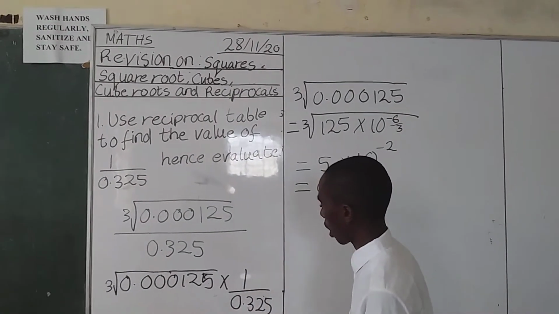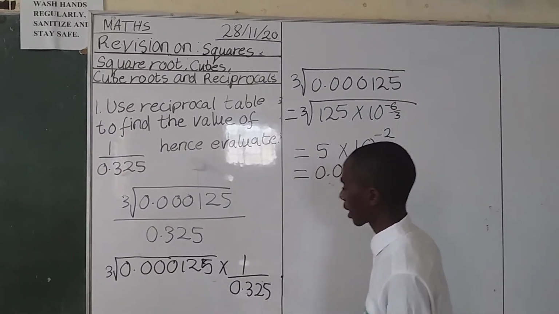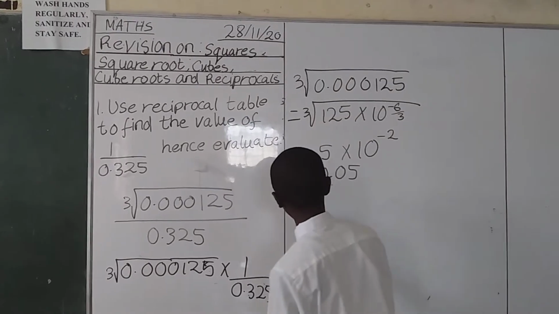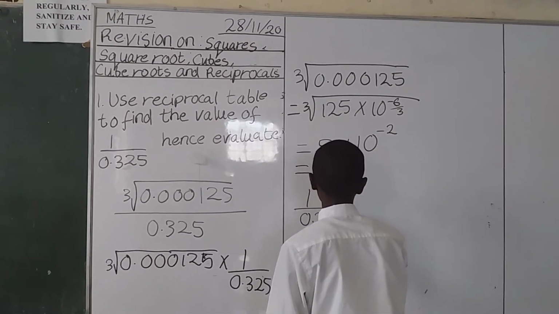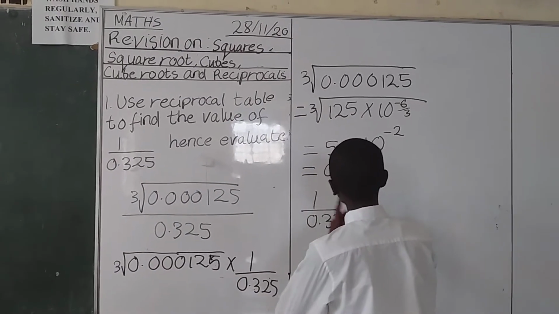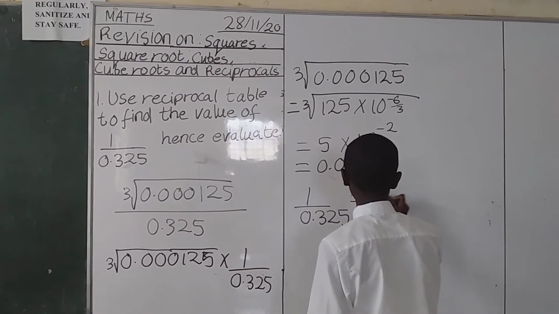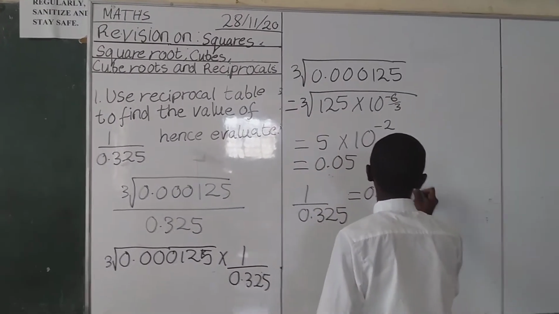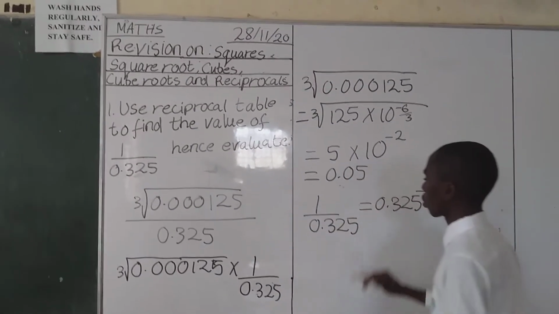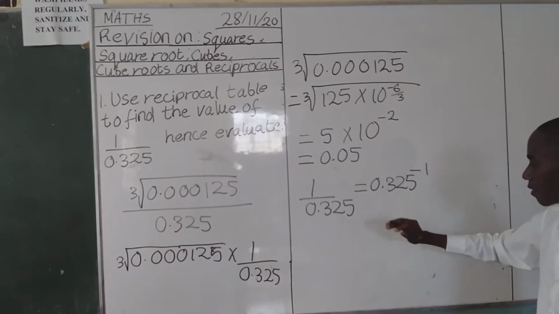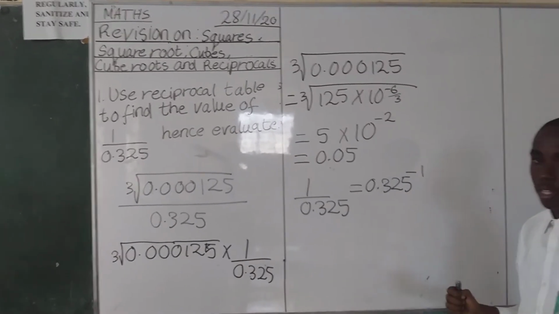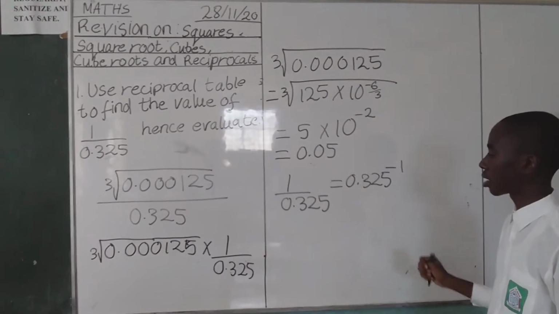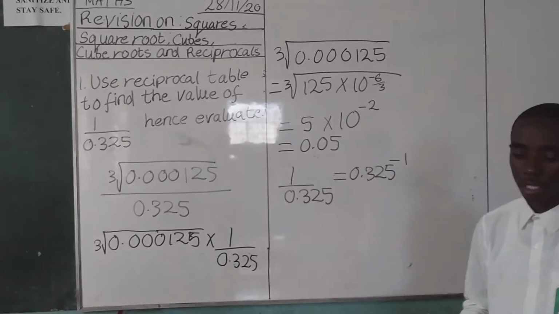Now to go to our next step, where we have to find 1 over 0.325. This is also the same as 0.325 raised to power negative 1. When we've been given 1 over 0.325, we are simply looking for the reciprocal of 0.325.